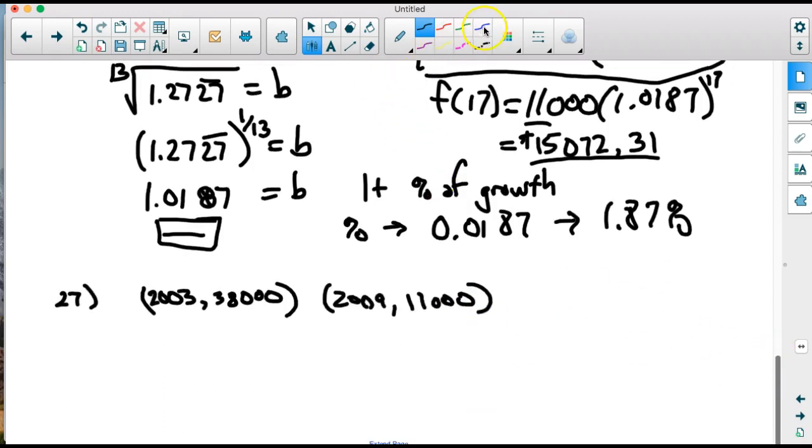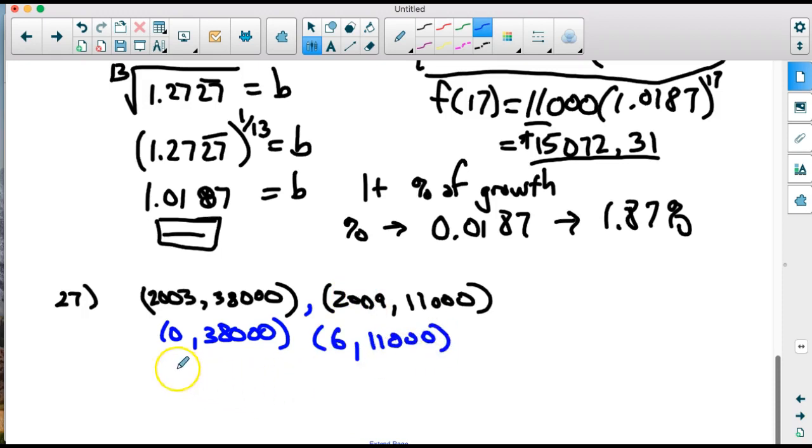We would change these to 0 and 38,000, so that 0 is going to be your 2003, and 6 years after that would be 11,000. So this is my initial value, so that starts to help me get the equation.